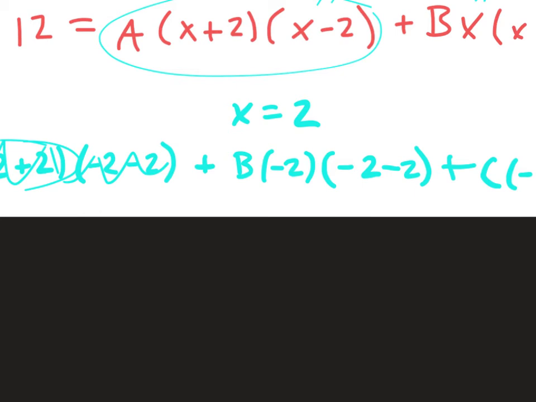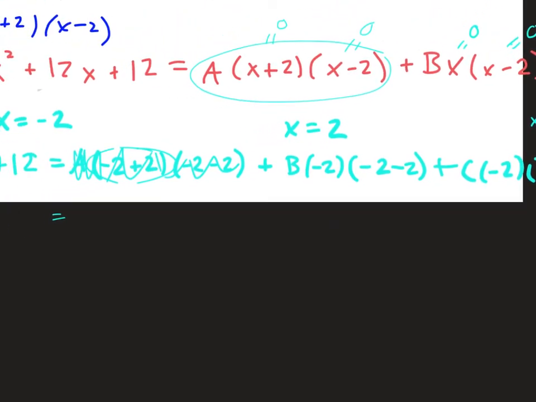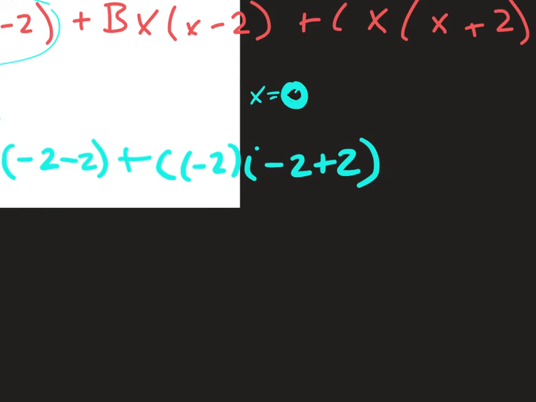So it's negative 2 times negative 4? Positive 8. So this would be 8b. And then c. What's negative 2 minus 2? 0, so it cancels out.